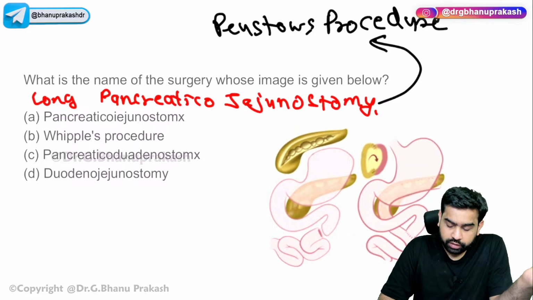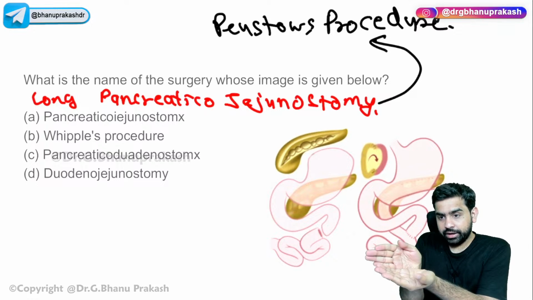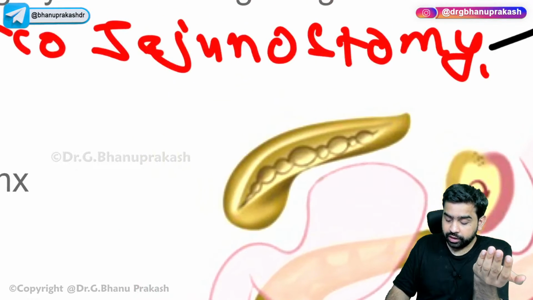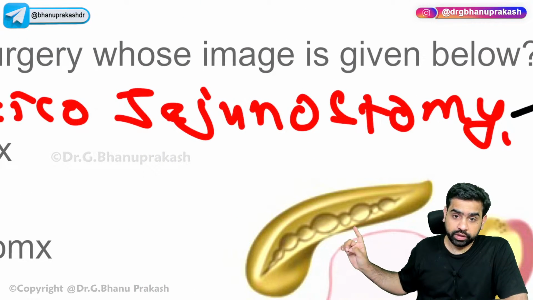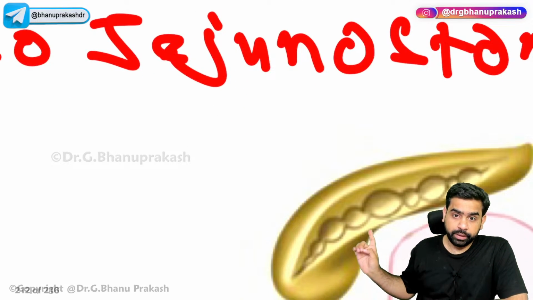I told you about the Whipple's and the Puestow's and everything, right? So what is a Puestow's? You open the pancreas longitudinally, you bring the loop of the jejunum and you attach it. What you have done over here is opened this pancreas longitudinally. What you see over here are multiple dilatations and strictures in the main pancreatic duct.